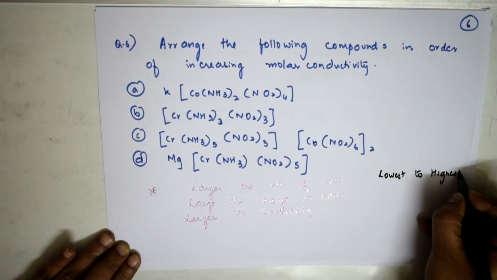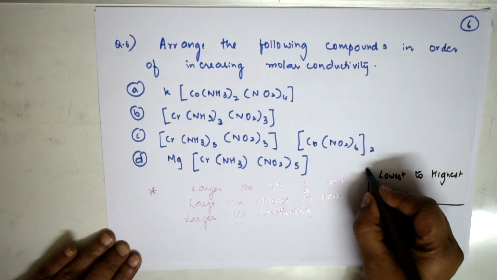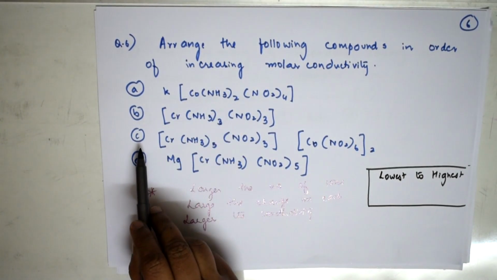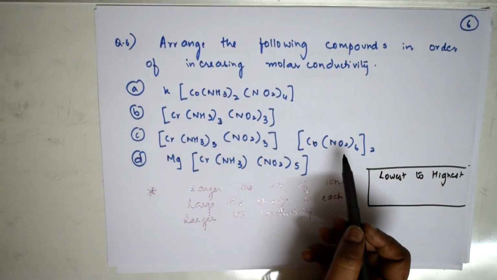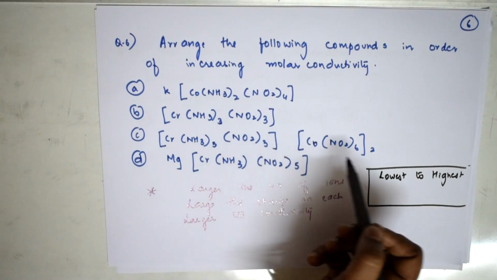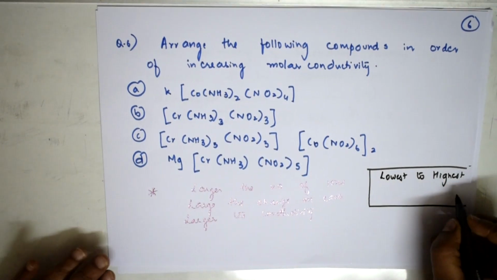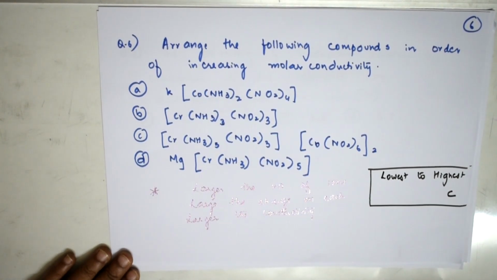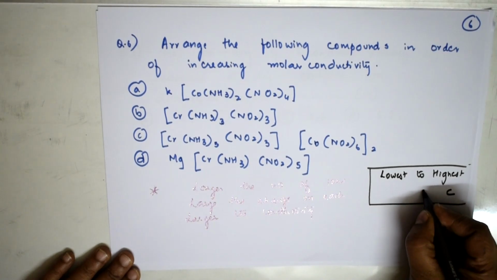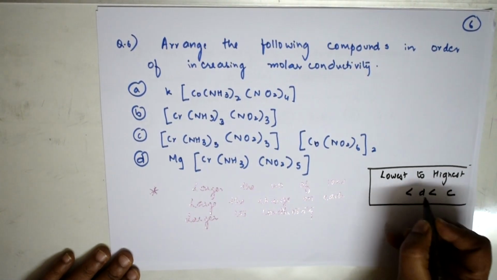Right, in this lowest to highest order, if I put a box like this. So, which is the highest among all these? Complex C. See here, how many ligands are there? How many ions are there? 5, 3, 6. So, the highest would be C, more mobility. Then comes D. Before that, which one?